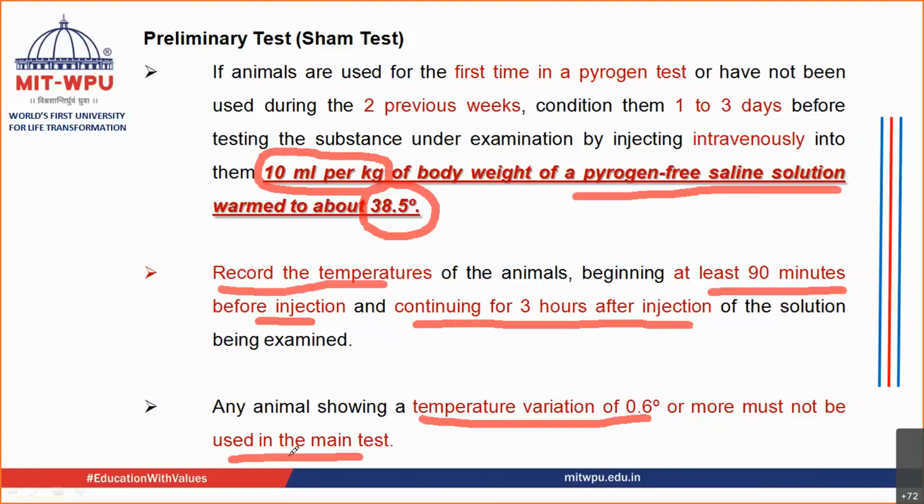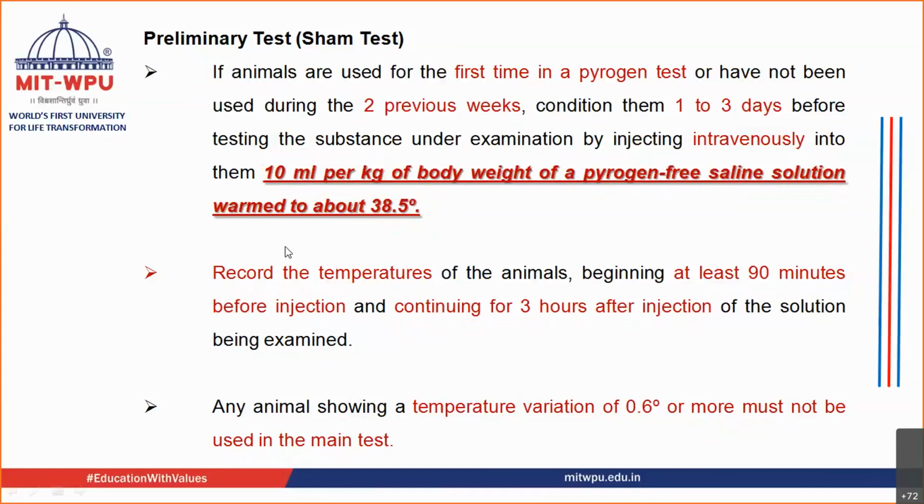You are going to remove that animal from the main test. If the animals have already been used for a test, say 2 or 3 days before, then you don't have to carry out the sham test for such animals, right?